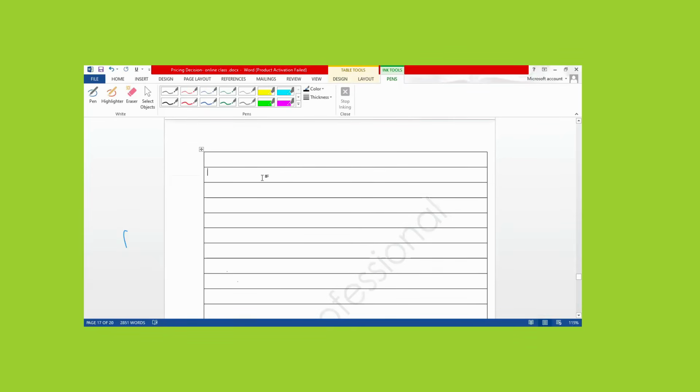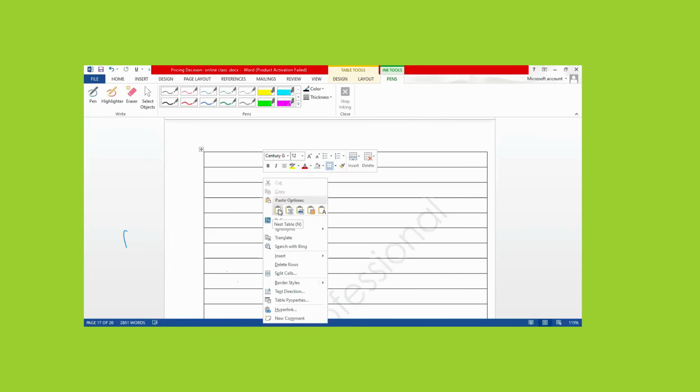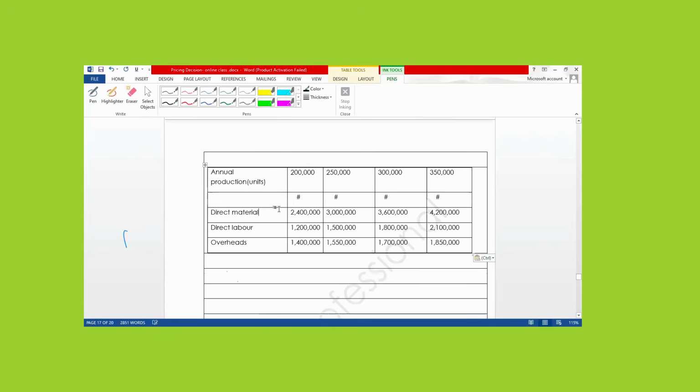We want to know which of these costs is variable cost, fixed cost or mixed cost. I have direct material cost, direct labor cost, and overhead cost, and I want to test behavior. The rule: per unit.